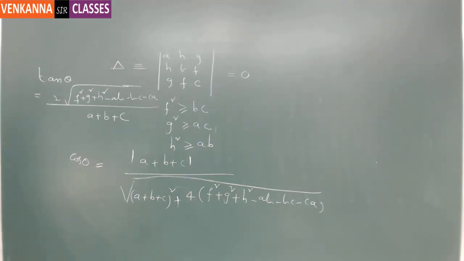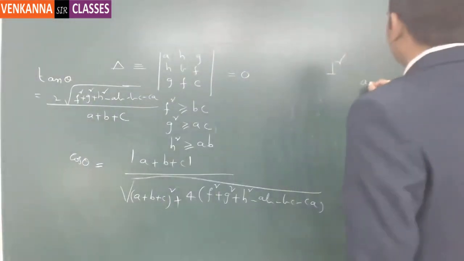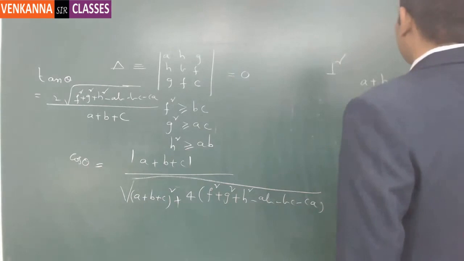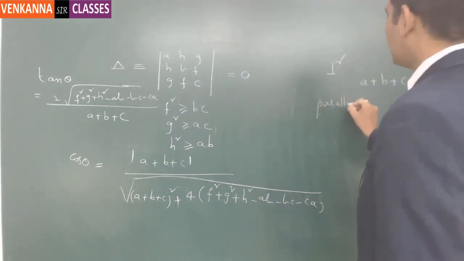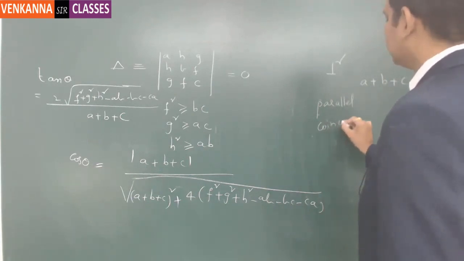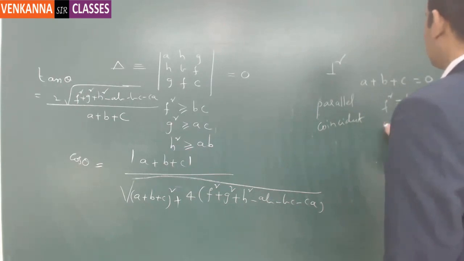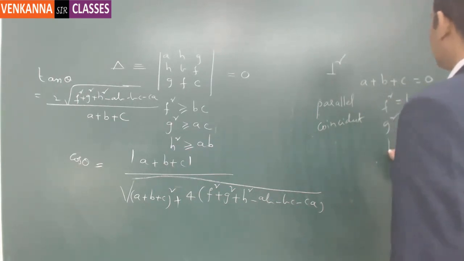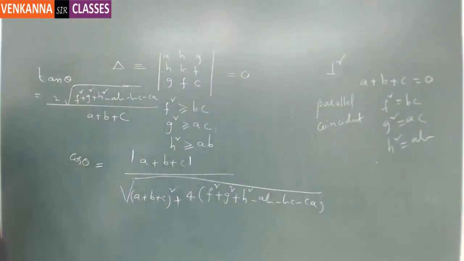So the checking condition is, they will be perpendicular if a plus b plus c is equal to 0, and they are parallel, or you can call them coincident, if f square is equal to bc, g square is equal to ac, and h square is equal to ab. So please take a note of these values.